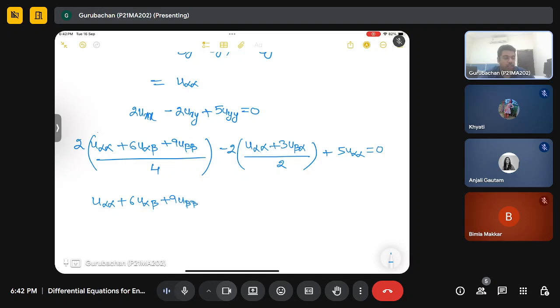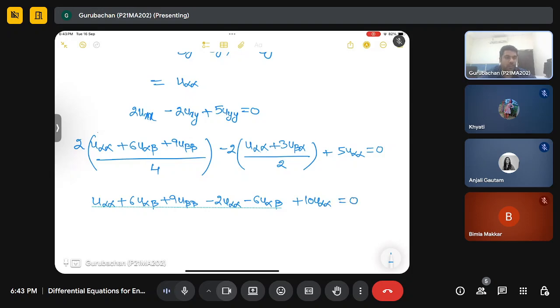Here, since we are taking the LCM as 2, this will be 2 times u alpha alpha minus 6 times u alpha beta. Since u is a continuous function with respect to x, y, alpha, beta, u alpha beta is nothing but u beta alpha. From here, 10 times u alpha alpha will be equal to 0.